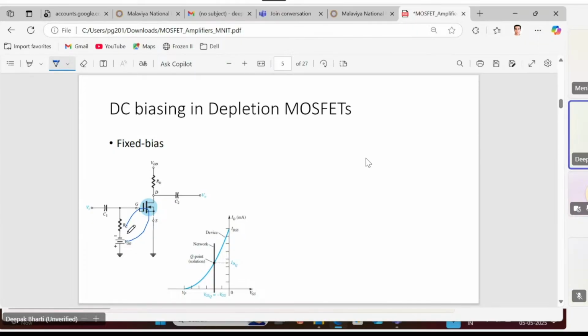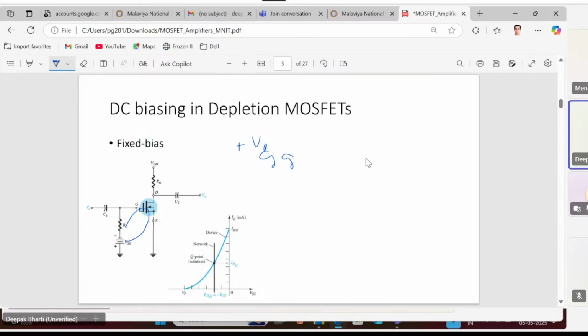If I start from ground, it will be plus VGG plus IGRG. Since the gate current will be 0, I am not writing that term.